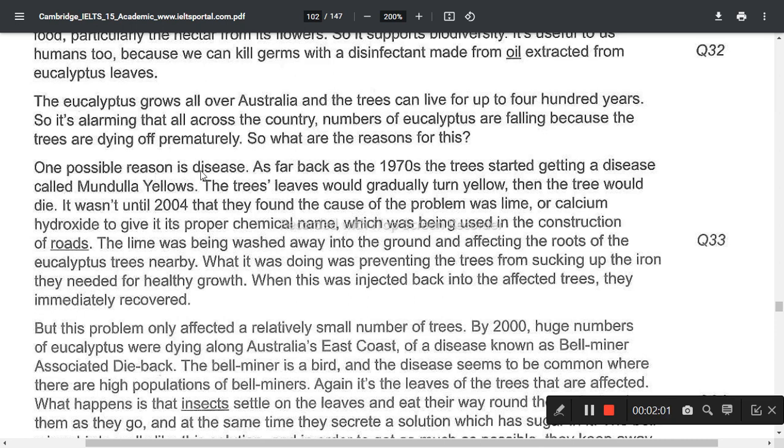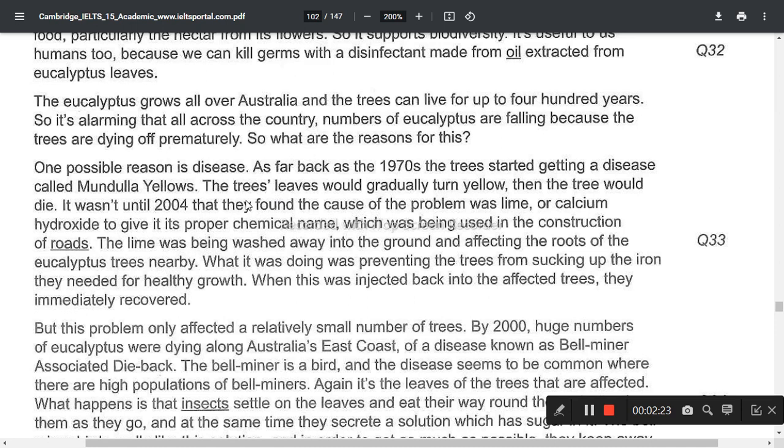One possible reason is disease. As far back as the 1970s, the trees started getting a disease called mundulla yellows. The tree's leaves would gradually turn yellow, then the tree would die.